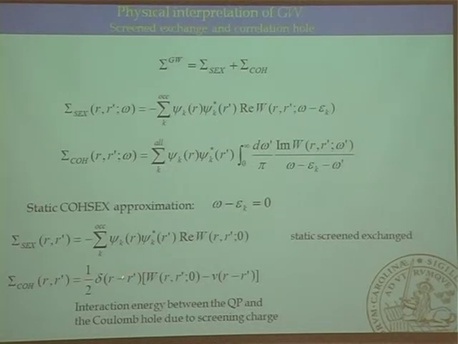One can think of this as a Coulomb interaction energy between the quasi-particle and the screening charge. And the factor of 1/2 can be interpreted as an adiabatic switching. You start from 0 to this value, so you get a factor of 1/2 in this process.